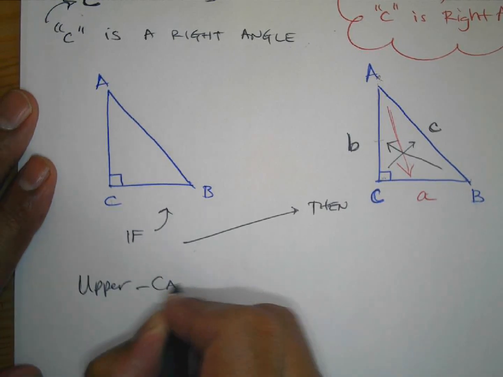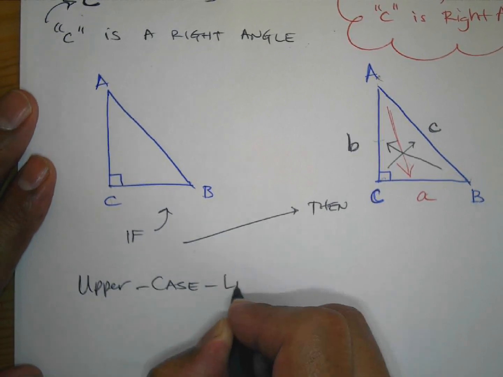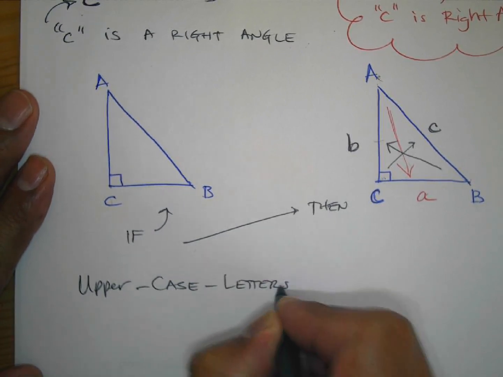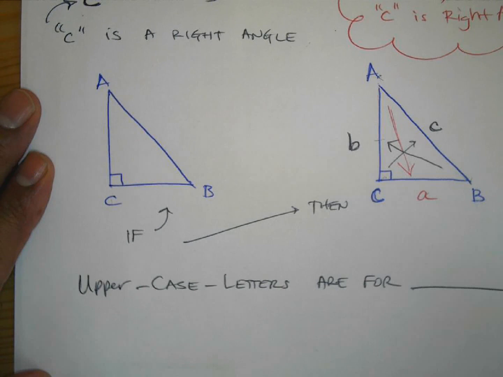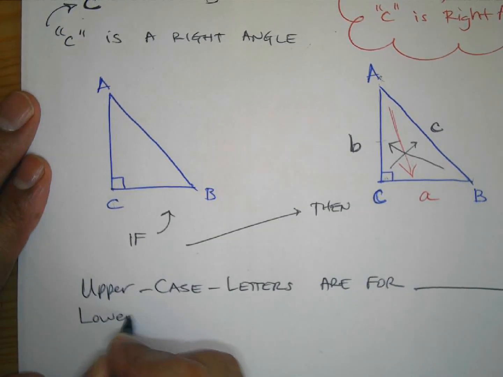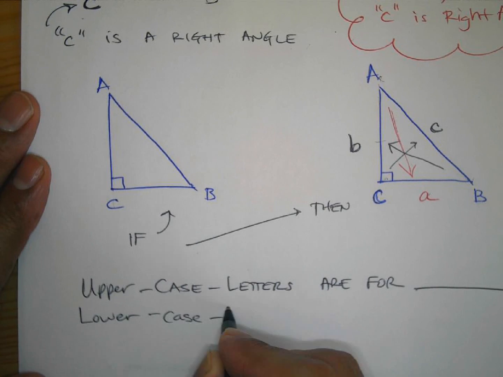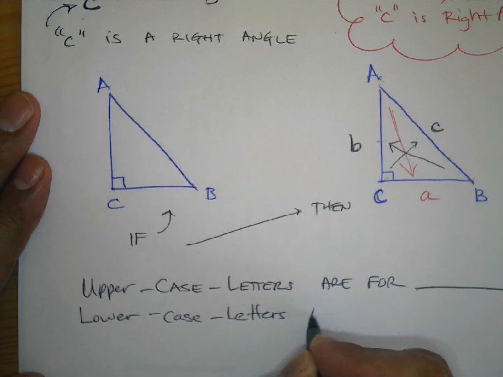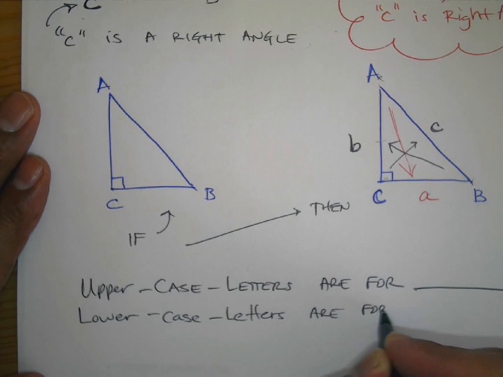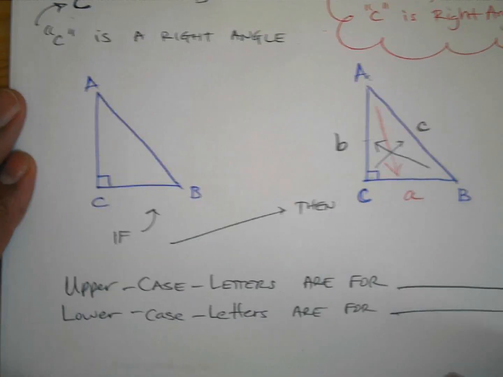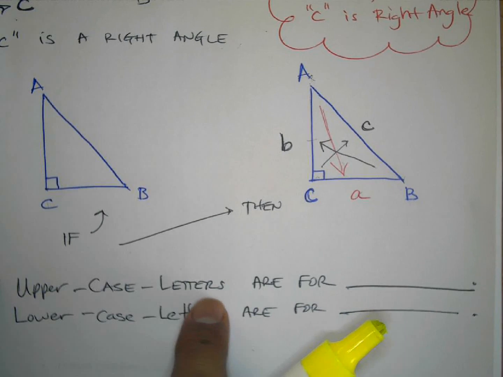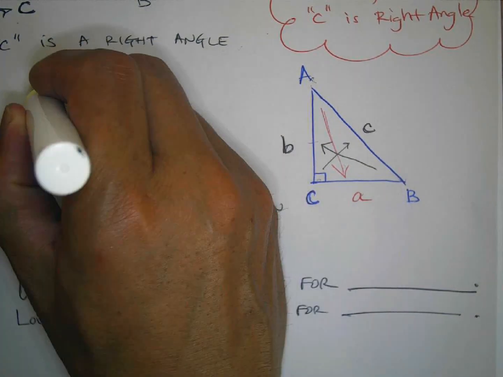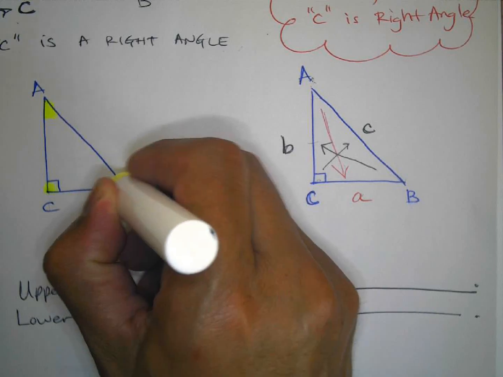So, uppercase letters are for what? Blank, I'll put that there. And lowercase letters are for what? Anybody can fill in the blank there? Well, the uppercase letters, the capital letters, are for the what? Not for the corners.